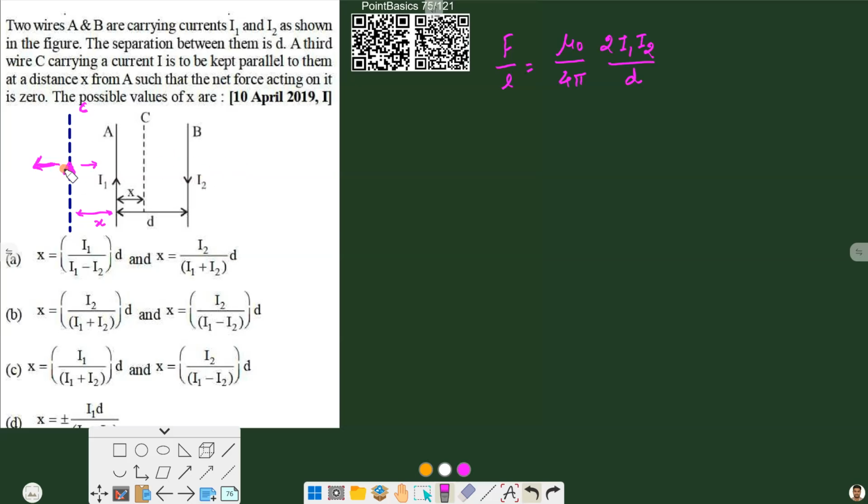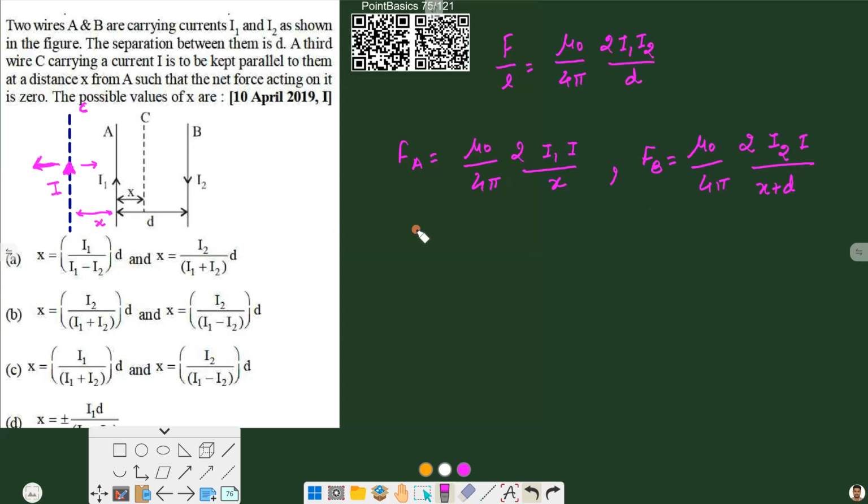So let's suppose current of conductor C is I, then the attractive force per unit length due to conductor A will be mu naught by 4 pi twice I1 into I divided by x. Force due to B will be mu naught by 4 pi twice I2 into I by x plus d.